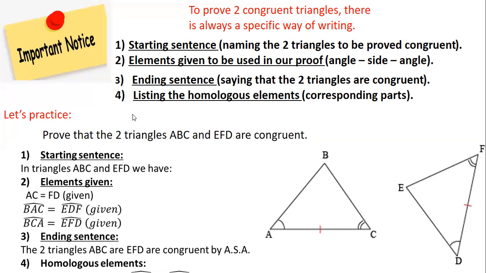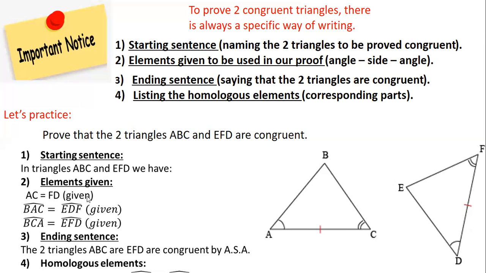Number 2, the elements given to be used in our proof. First, we should look for the equal sides. Which two sides do you see equal in these two triangles? Which two sides are marked in the same mark? I can see AC and FD. So I write AC is equal to FD.